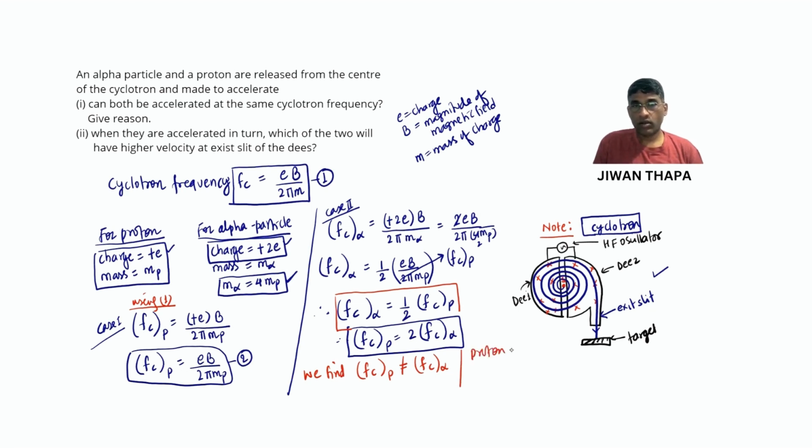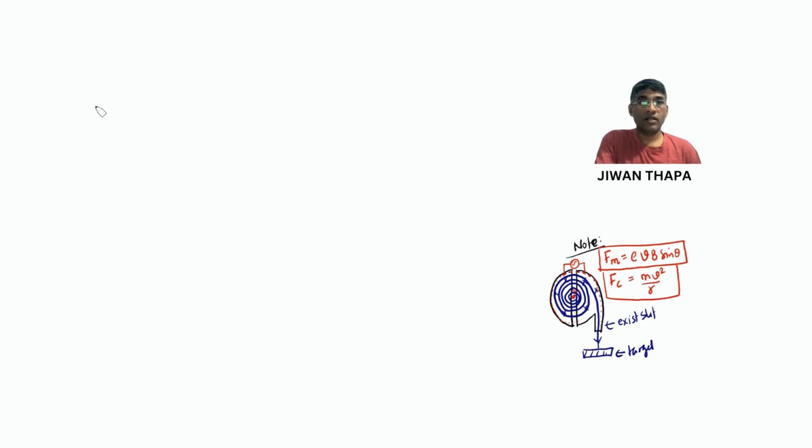So we have this conclusion: proton and alpha particle cannot be accelerated at the same cyclotron frequency. Now case 2.